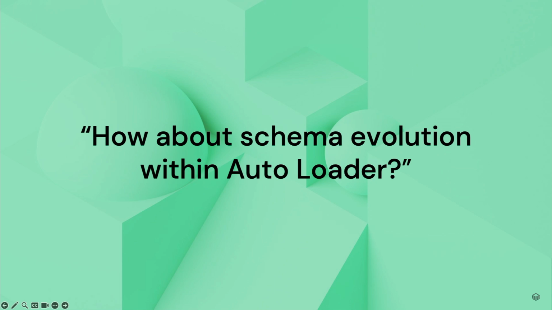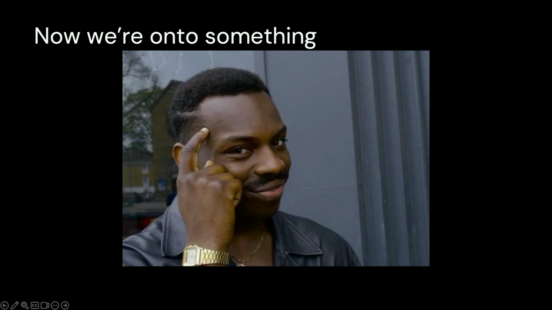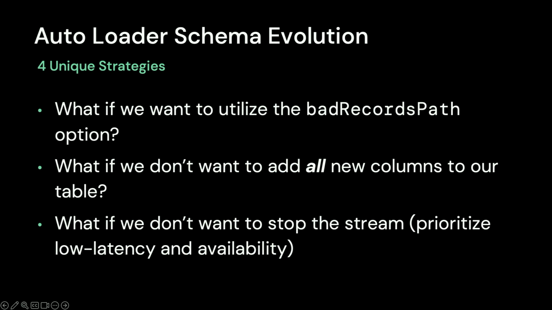The next question is, how about schema evolution within Auto Loader? I'm talking about streaming a lot. I love Auto Loader. Remember, before Auto Loader it was a pain in the butt. With Auto Loader, you can say, I know I'm going to have files coming into S3, or whatever distributed object store you have, and I know I can make notifications that reflect something has happened.